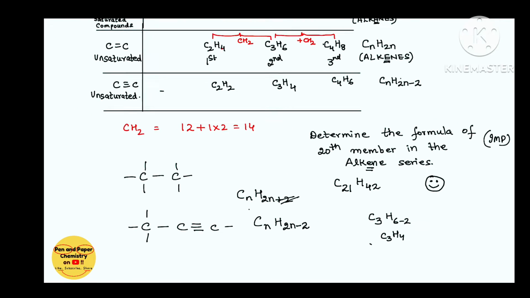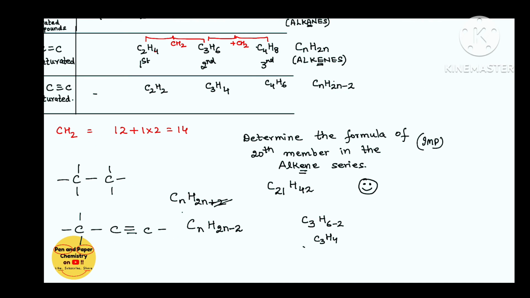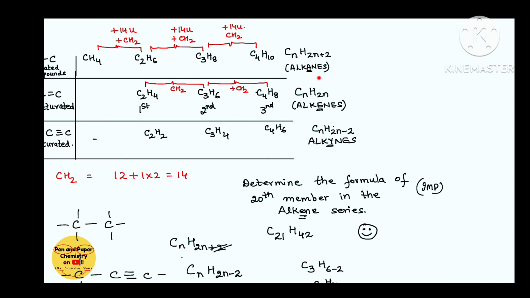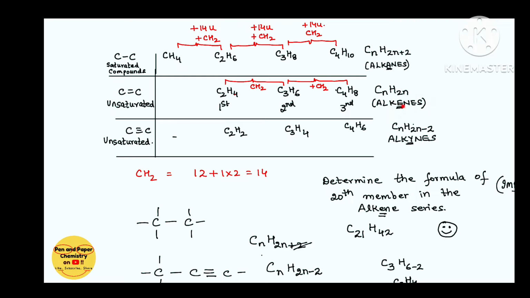This class of compounds is what we call alkynes. ALKYNES. Notice the Y over here. So alkanes are hydrocarbons wherein there is only single bond between the carbon atoms. Alkenes are hydrocarbons with the double bond between the carbon atoms.